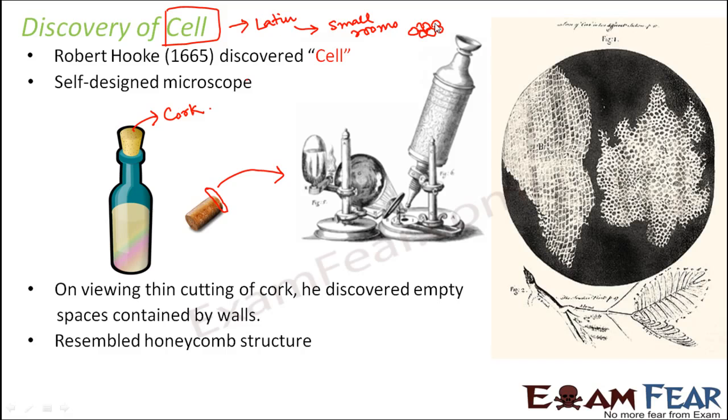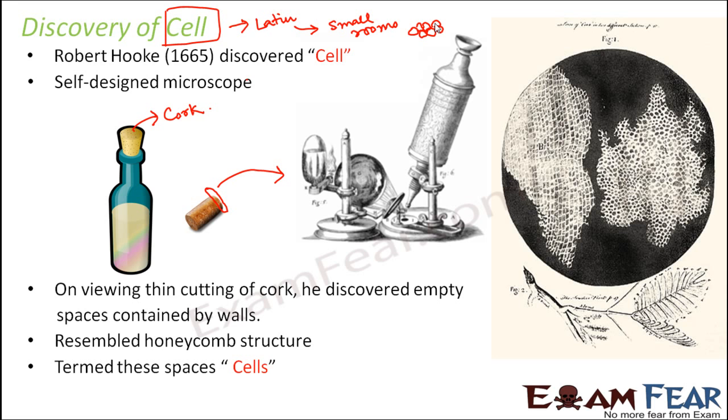Now what was there inside that cell? If he wanted to see that, he needed even more powerful microscopes, which were not present at that time. Therefore he could not know anything about the internal structure of the cell. However, later, the internal parts of the cell were gradually discovered by different scientists, because with time better microscopes became available. So scientists could find new details, and today we know the entire internal structure of a cell.